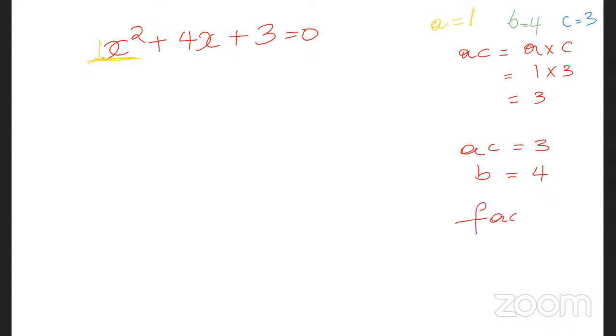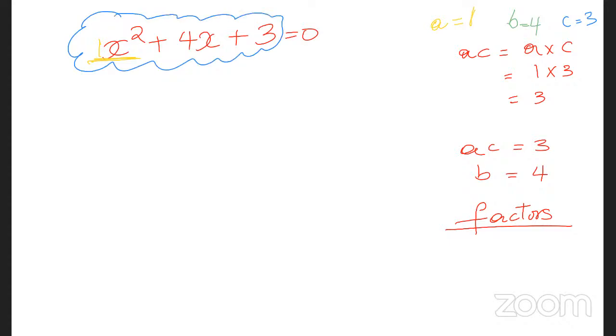What we're going to do is rewrite this to have 4 terms so we can factorize by grouping.